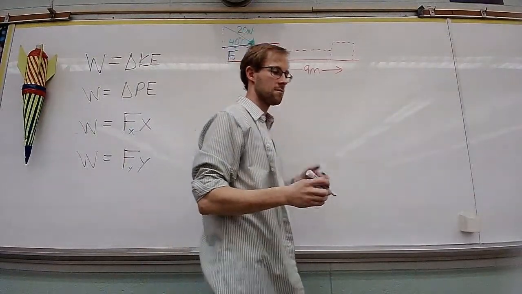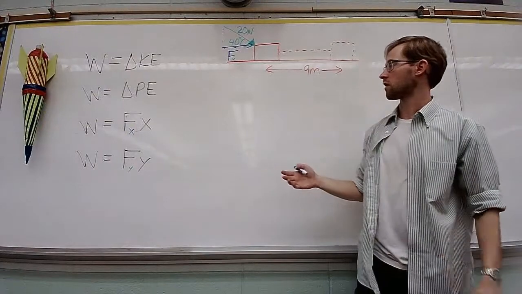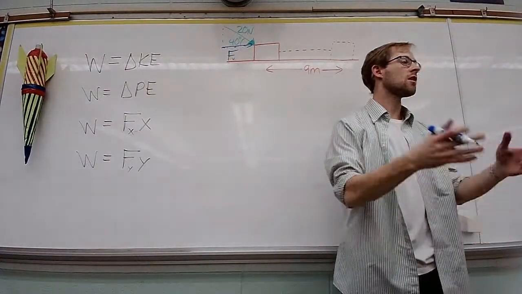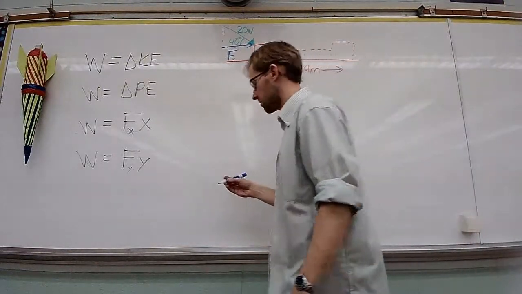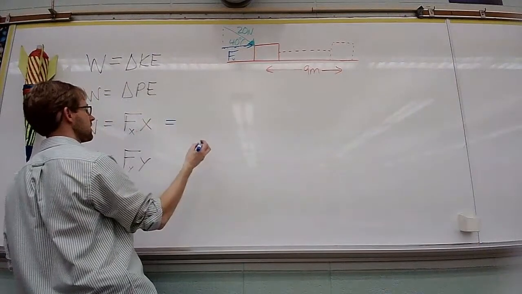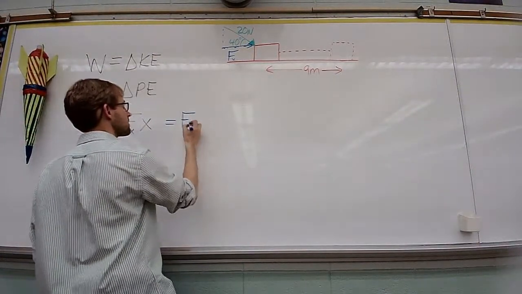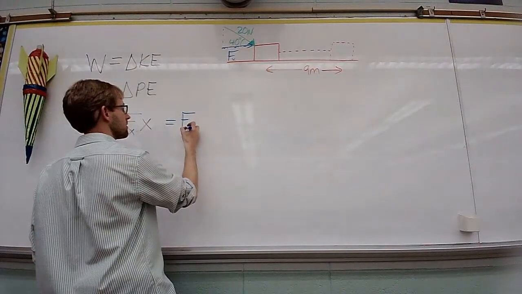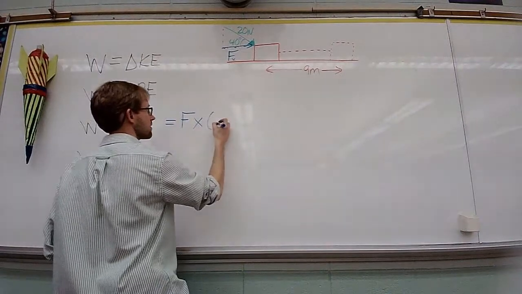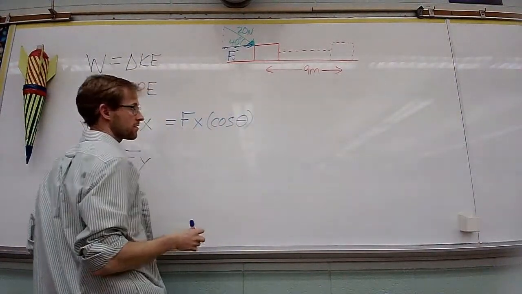So, just as a cheating way to do this, because we've done it so much that we're all sick of it, if you're looking for a horizontal force, you'll always be using the cosine function. So another way to write this in the x direction is just your force times your distance times the cosine of whatever the angle is.